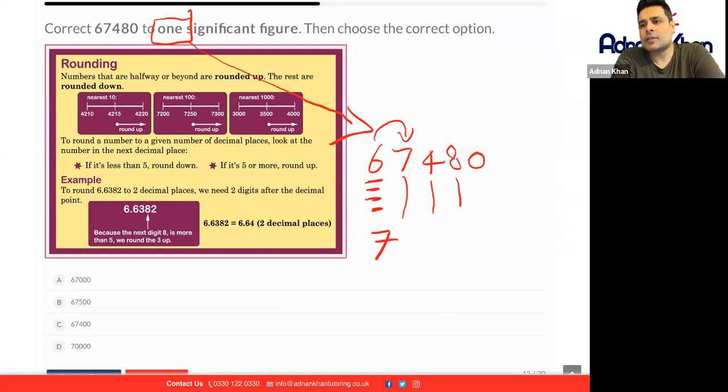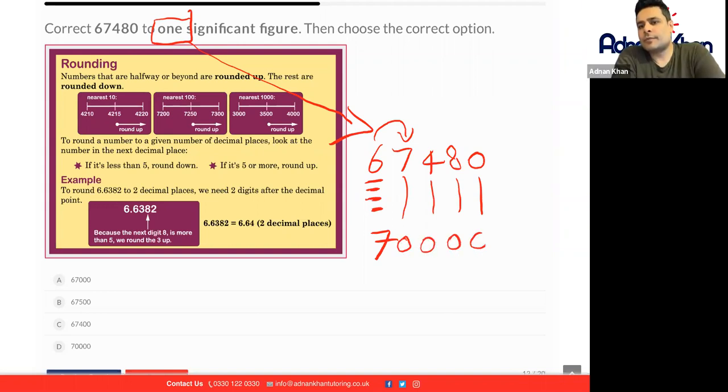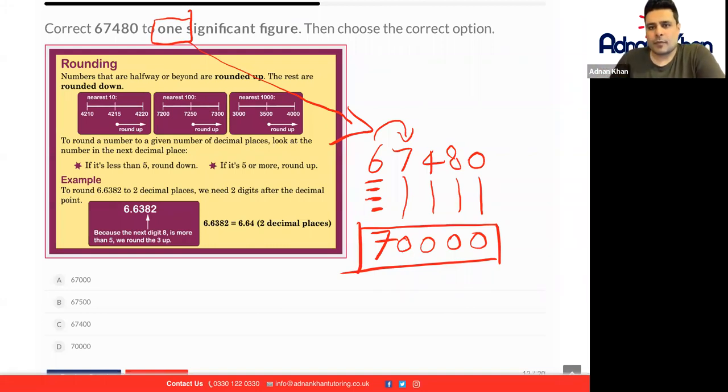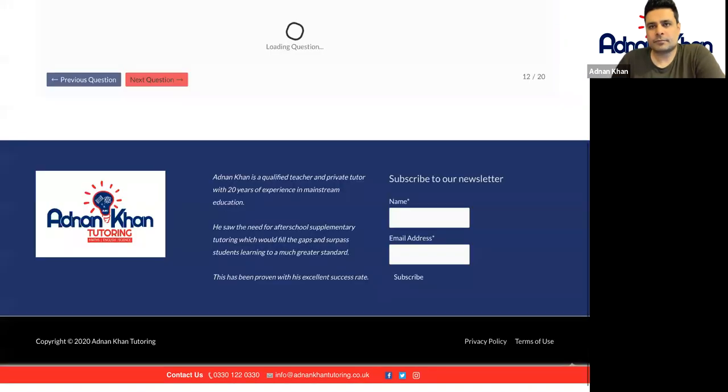What are they going to turn into? Zeros. Just zeros. That's all. So it will basically be 70,000. So let's go for 70,000 here.